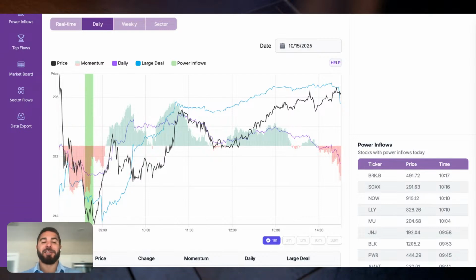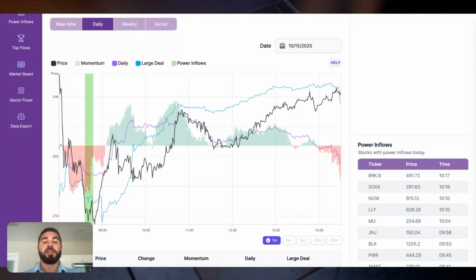And then lastly, maybe the most important metric I'd want to point out to you, the vertical green bar that you see there. That is what we call our power inflow signal. This is our own proprietary AI-driven algorithm that we provide anytime we have sensed or detected a significant shift in the order flow from negative to positive.